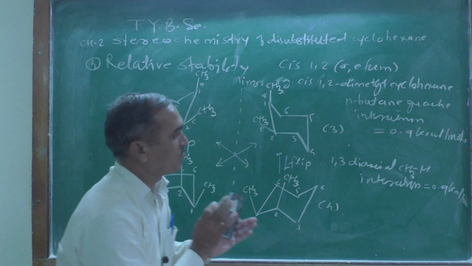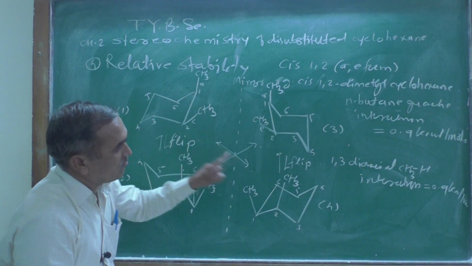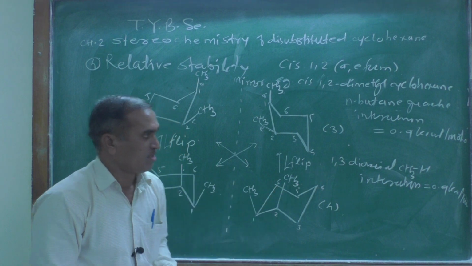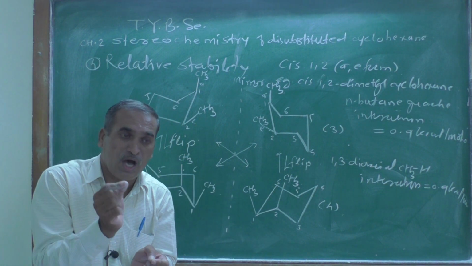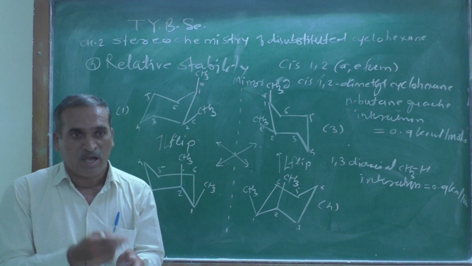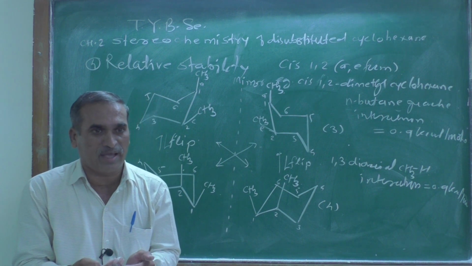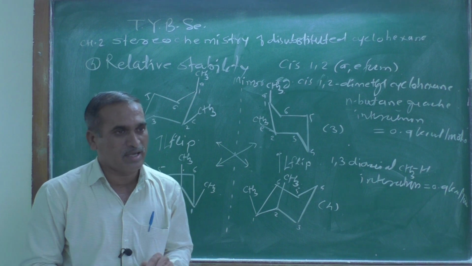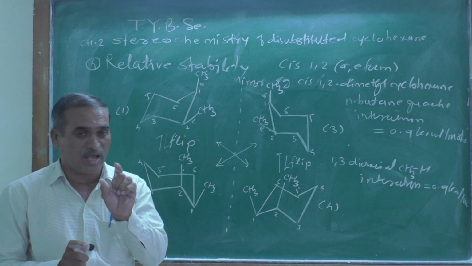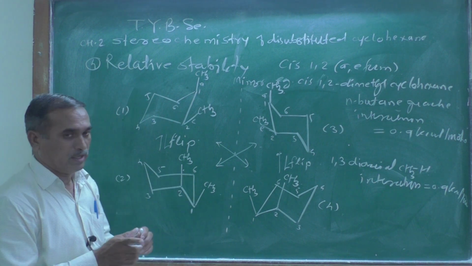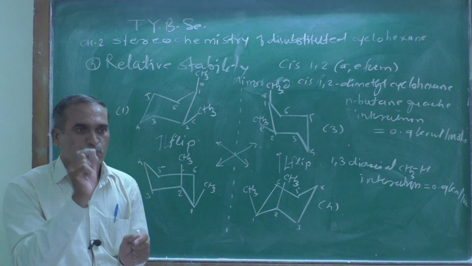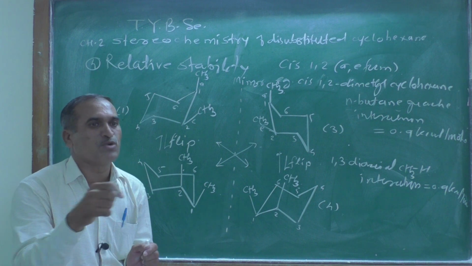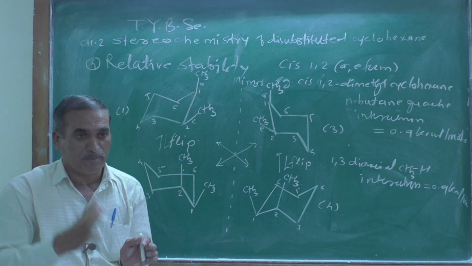This much energy is associated with the 1,3-diaxial CH3/H interaction. Now how do you identify, or recognize, that 1,3-diaxial interaction? Look carefully. Once you understand this, it's very easy to find the relative stability of those conformations.